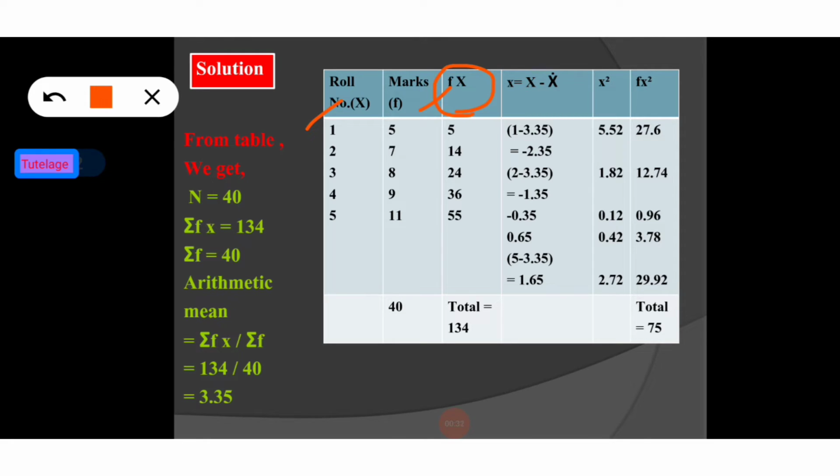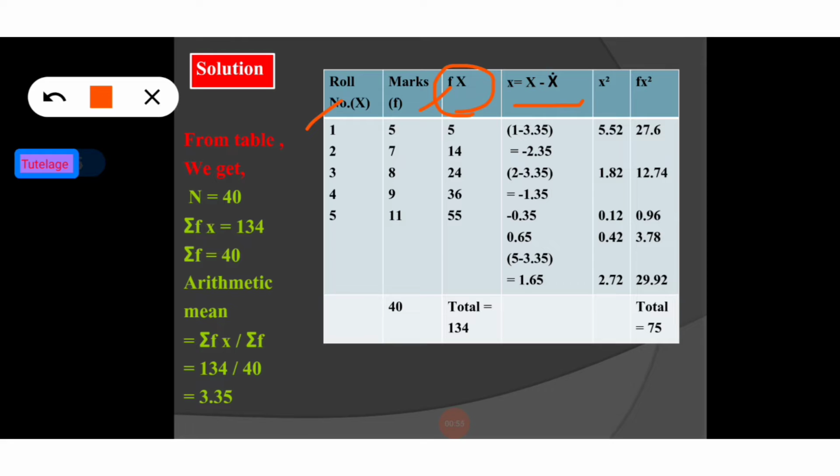Small x indicates the deviation, so deviation is equal to x minus x bar, the first value minus the arithmetic mean. So at first we have to get the arithmetic mean.